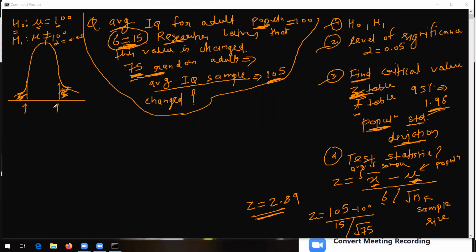These are called critical values. For example, critical values are the Z values that are going to separate the shaded area, that is this area at the tails, and this middle area.